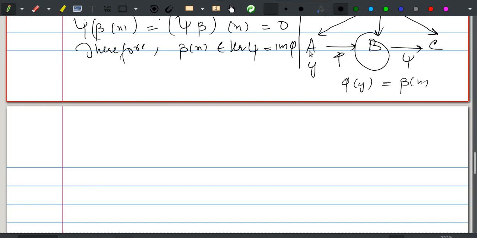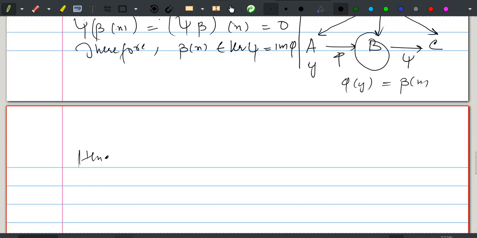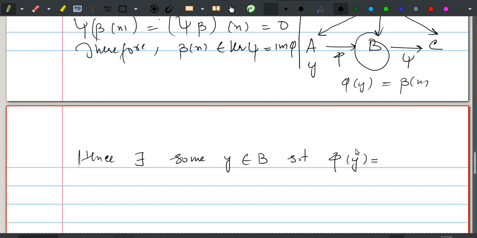Hence there exists some y in A such that phi of y is beta of x.